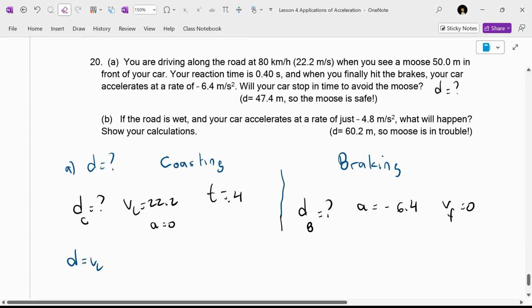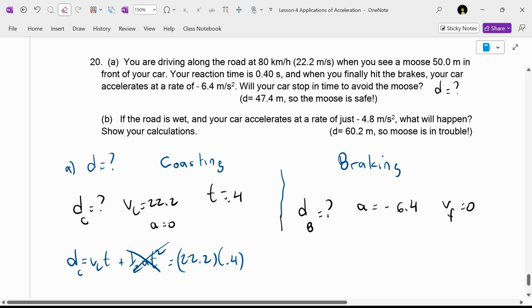D equals VIT plus a half AT squared. But this time, that vanishes. We've done this one before where the VIT vanished when VI was 0. In this case, A is 0, which actually makes it a nice, easy equation. It's just going to be VI, 22.2, times 0.4.